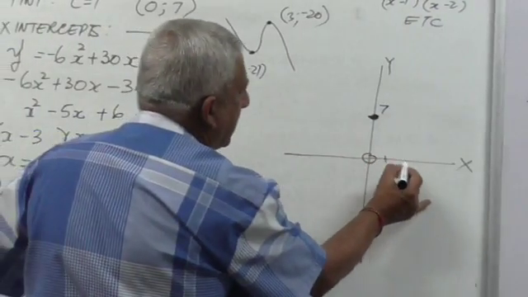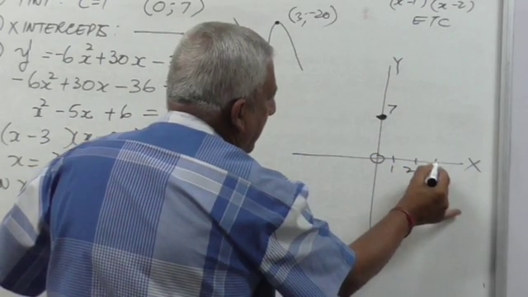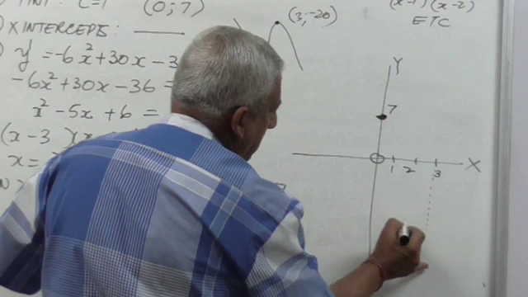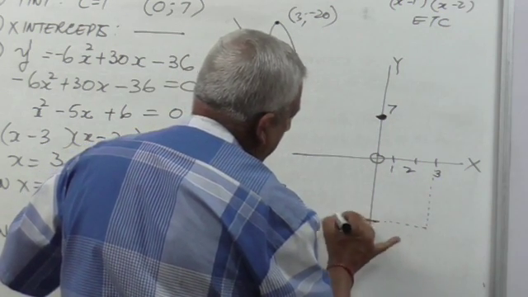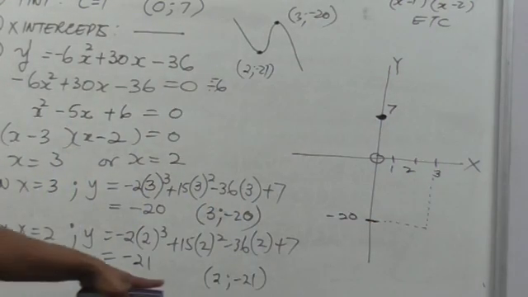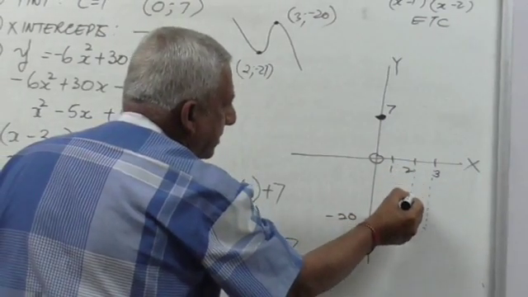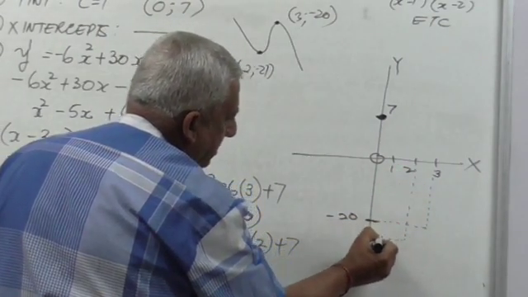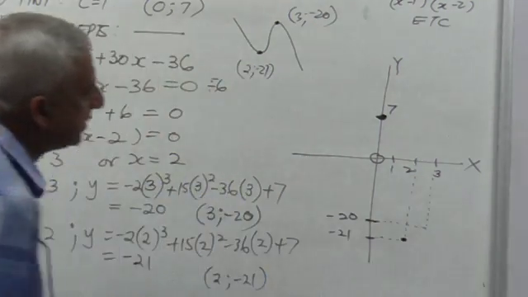So let's say 1 is here, 2 is here, 3 is here, and negative 20 is there. Then the next one is 2 and negative 21. So 2 is here and negative 21 is here.